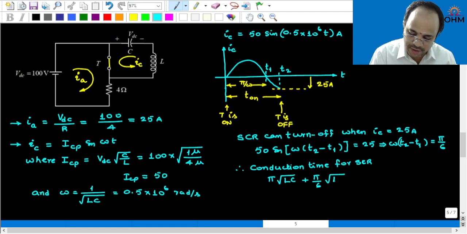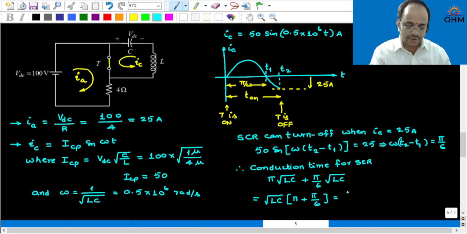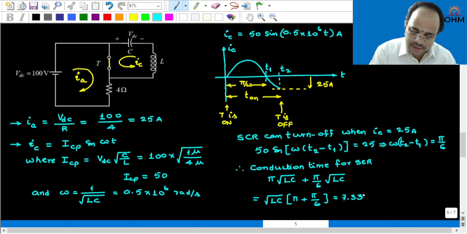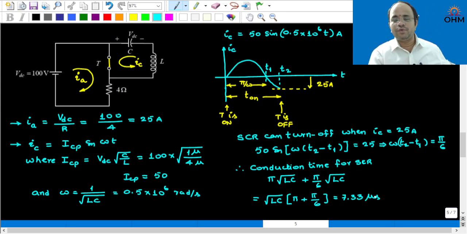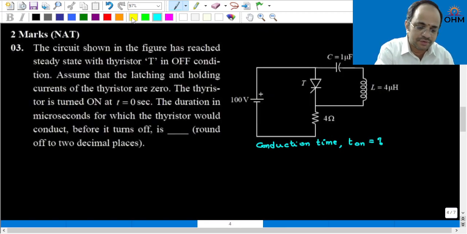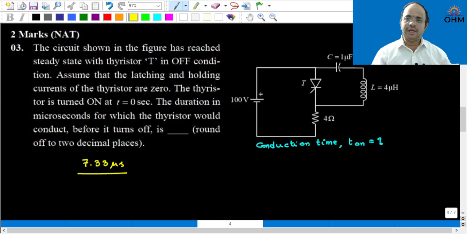If I take root of LC common, it will be root of LC into (pi plus pi by 6). Substituting inductance 4 microhenry and capacitance 1 microfarad, this value comes to around 7.33 microsecond. So for the given question, the answer is 7.33 microsecond. This much time the thyristor will be in conduction.